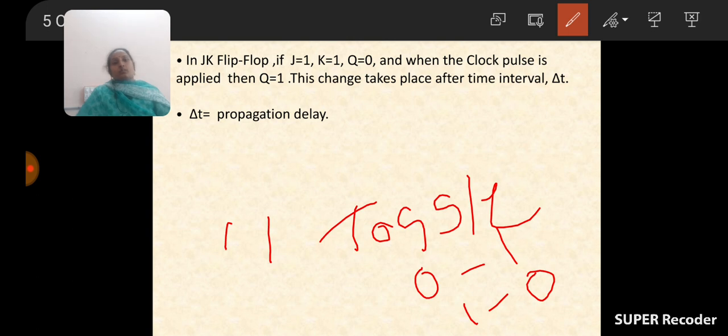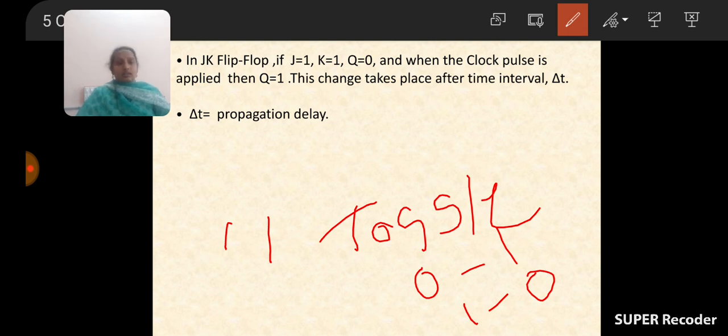Because when both inputs J and K are equal to 1, the output is changed from 0 to 1 and 1 to 0. It tries to reach the high level, but it is unable to reach it, so it keeps coming back and forth between 1 and 0. So this condition is called a race around condition.